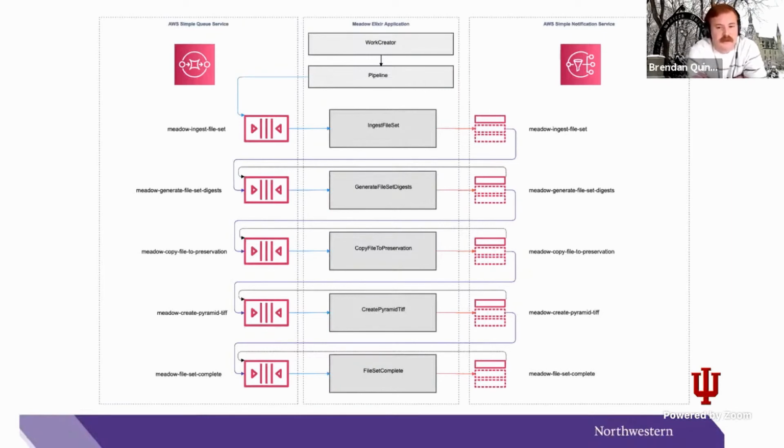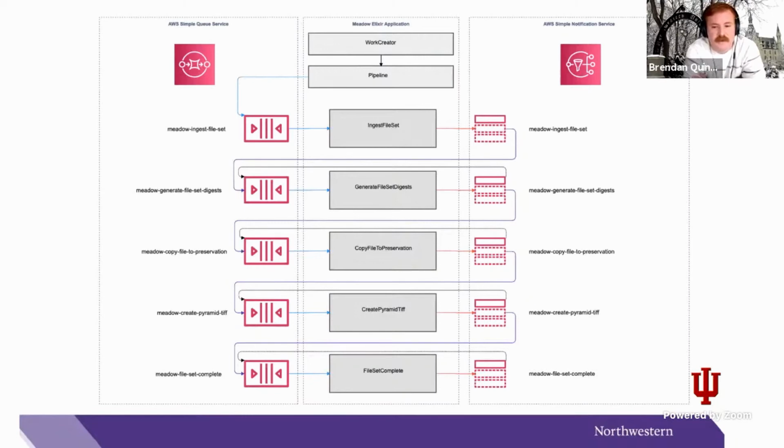The center is the ingest pipeline for Meadow and its actions. At the top, you see the work creator module. It sends file set IDs to the pipeline module, which has a kickoff function that's used to start the processing pipeline for each file set by sending a message to the Meadow ingest file set queue. And then below that are actions that are the quote unquote processes in the system, the parts that do the actual work.